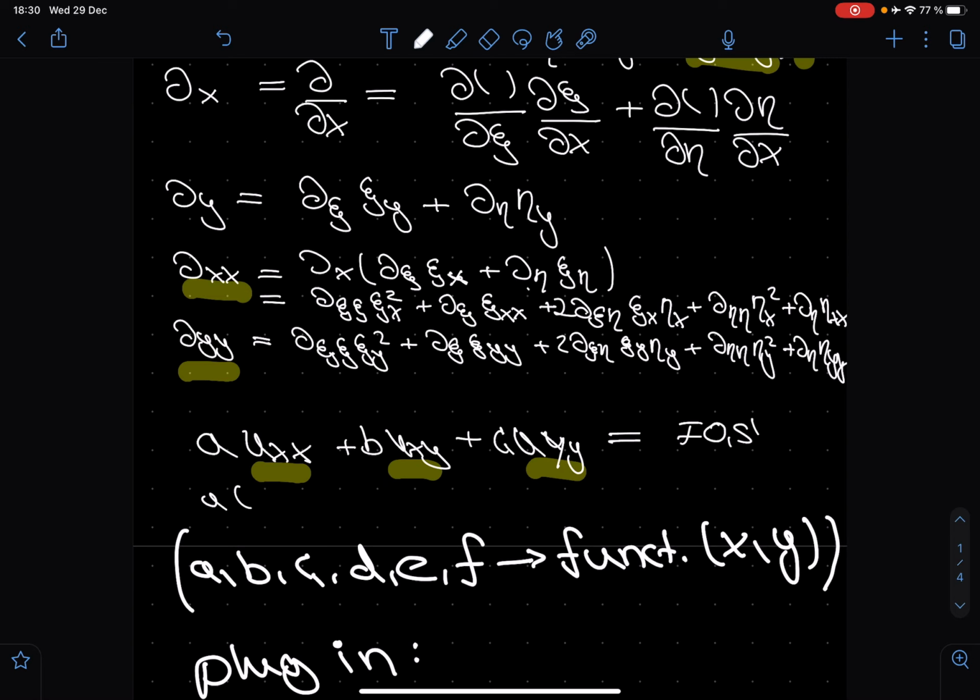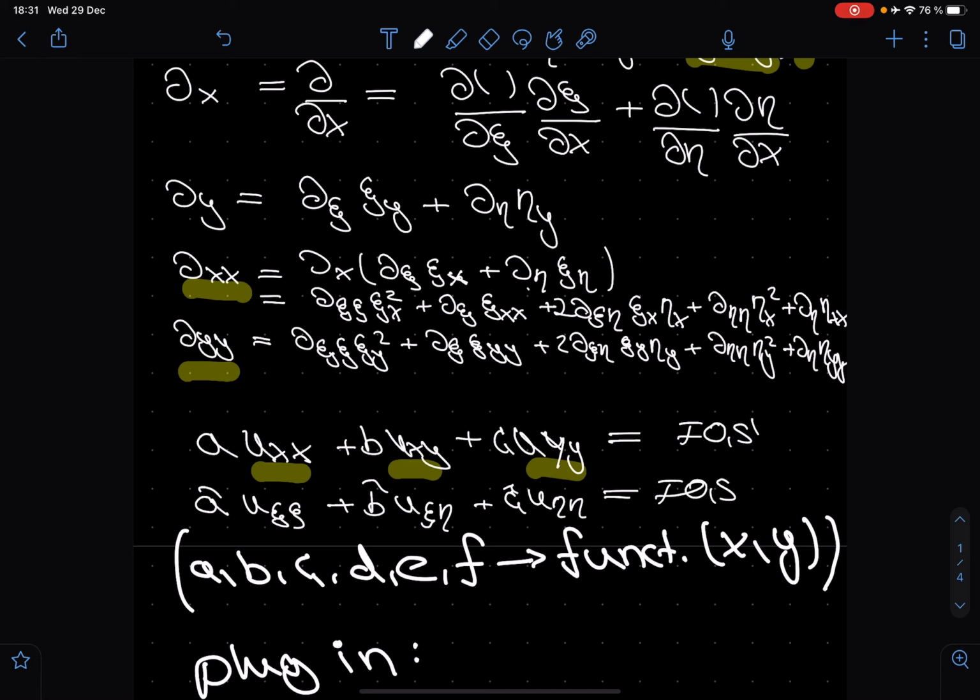But if you understand what I mean, we want to have a new kind of equation with new coefficients. Let me call that A plus B, and eta equals first order stuff.